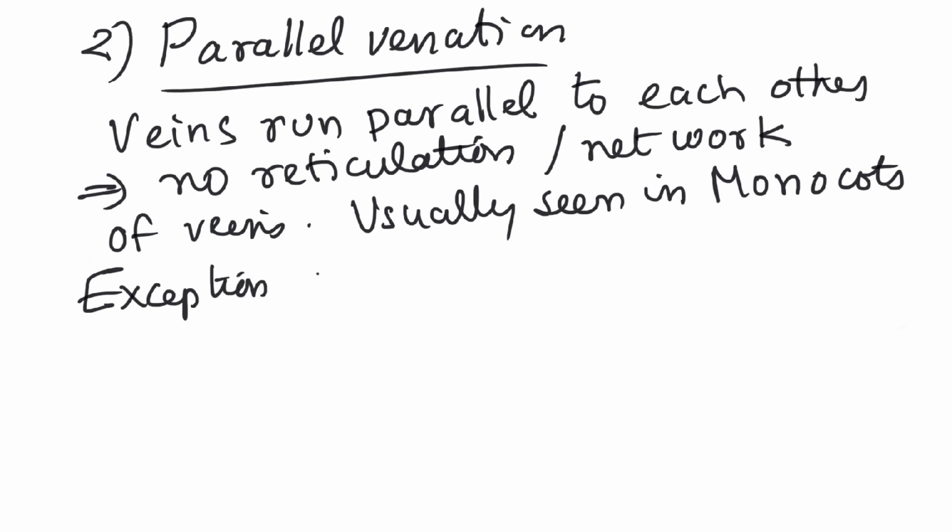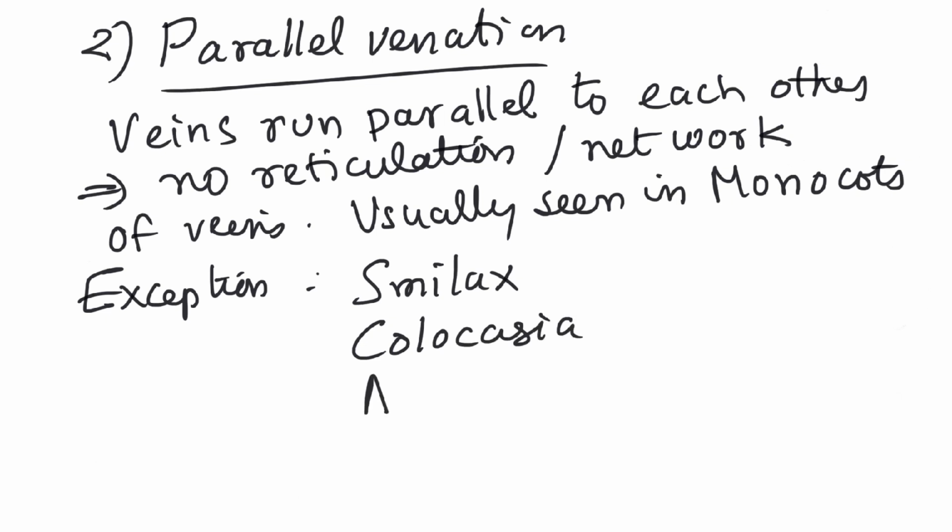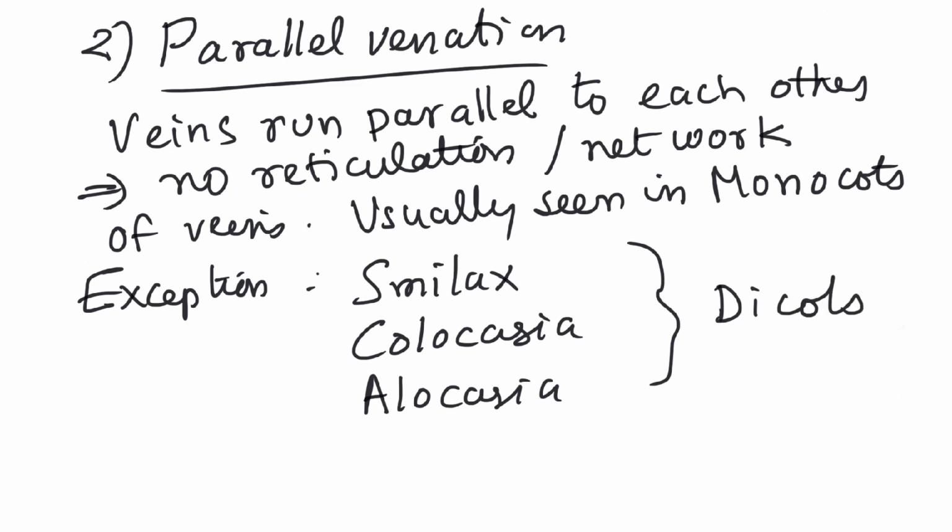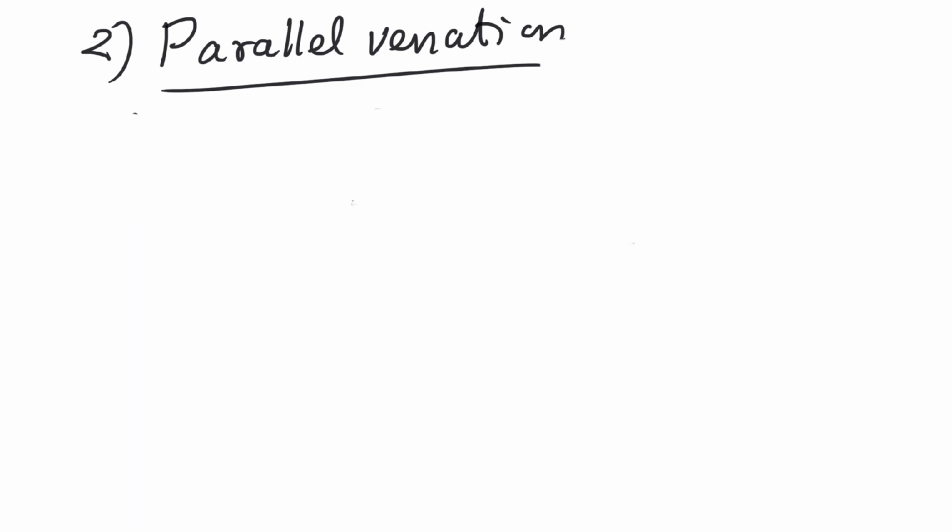And such leaves are seen in the case of monocots. Once again, there are exceptions, which means that dicots also show parallel venation. Three notable examples are smilax, colocasia, and alocasia. So note that point, these three are dicots which show parallel venation.